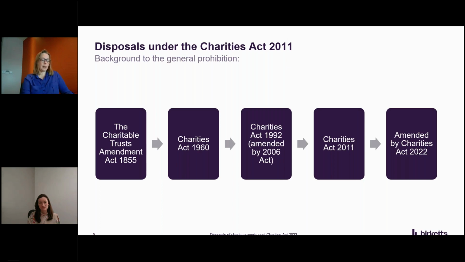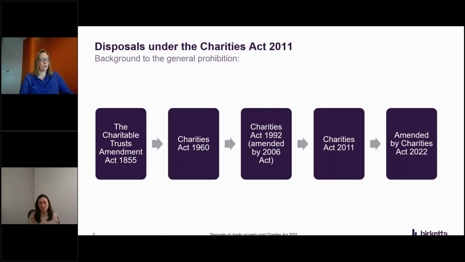So this comes from really the special place of land historically as a significant asset for charities. Back in 1855, when the first Charities Act came into force, endowment land actually had to be registered with Parliament, and the consent of Parliament was needed to make a disposal.